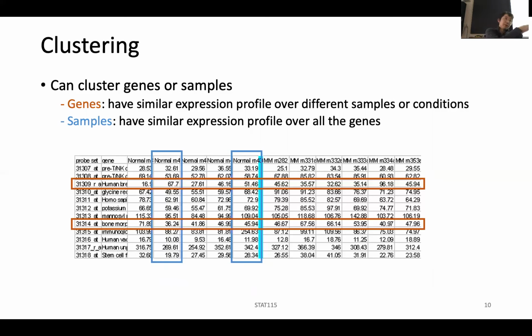Then they should be put in adjacent rows together. We can also cluster by samples, which is clustering by the columns, where we are asking whether some samples look more similar to each other across all of these genes compared to other samples. Both give you some meaningful result. So the clustering method that we're going to show you can cluster either by genes or by samples. Basically you're clustering the vector, whether it's a column vector or a row vector.